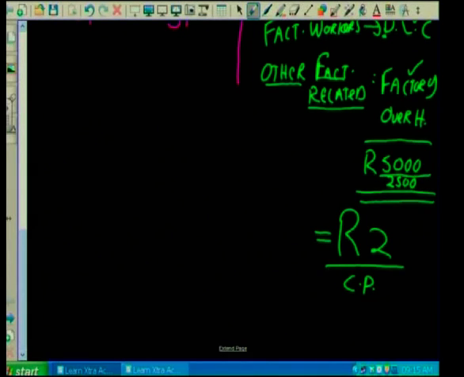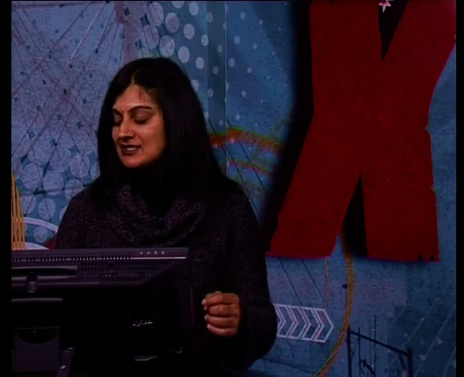And the moment I've got this 2 rand, guys, I've got my cost price. So once I've got my cost price, I can obviously then add on a markup and then sell these chocolates to Spar, Pick n Pay, Woolies, etc.